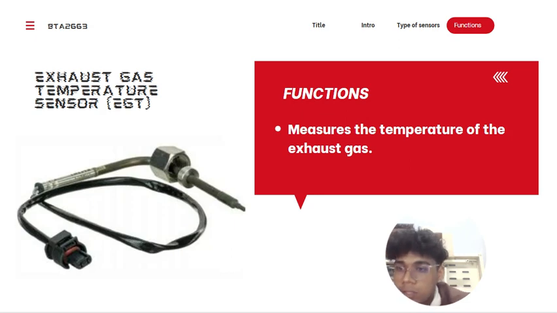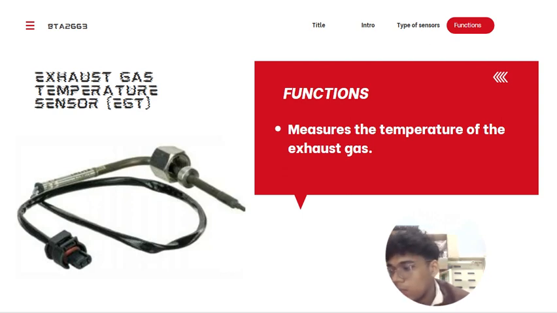Next is the exhaust gas temperature sensor, or we call it EGT. As its name states, the function is that EGT is an exhaust gas temperature sensor. It measures the temperature of the exhaust gas.